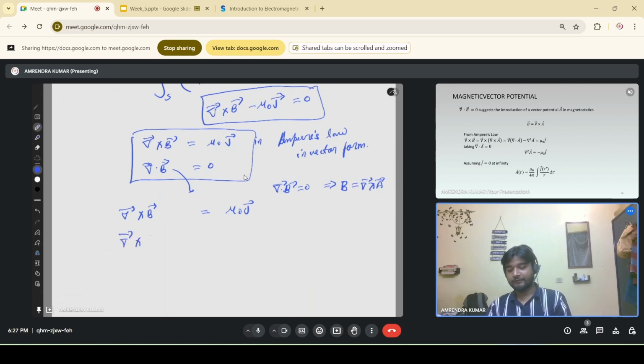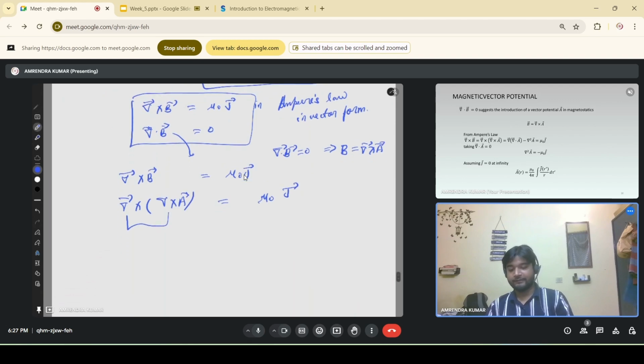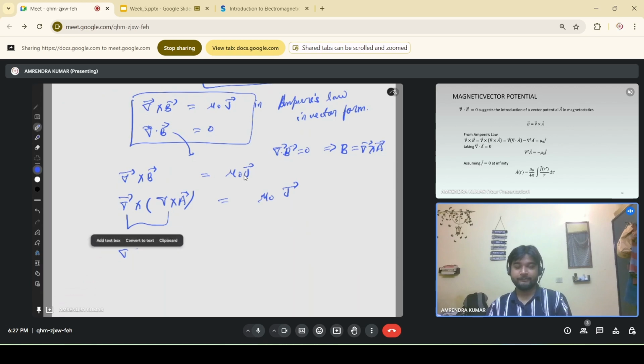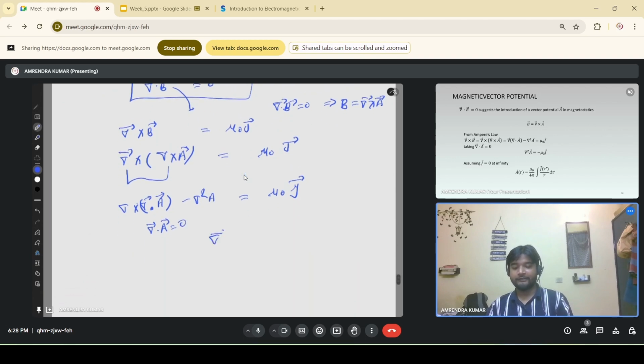So del cross A is equal to mu 0 J vector, and with some identity you can write this as, I think, del del dot A minus del square A, not del dot cross, it will be del dot A, equal to mu 0 J. And then again if you choose that del dot A is 0, if you choose such a vector that gives this, then you can write del square A equal to minus mu 0 J.